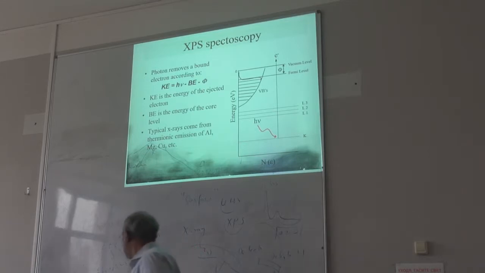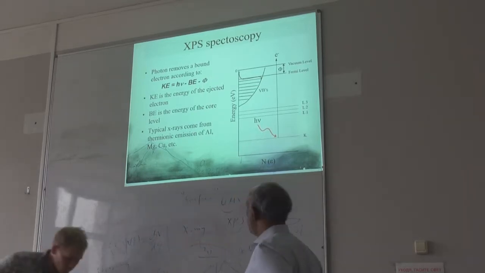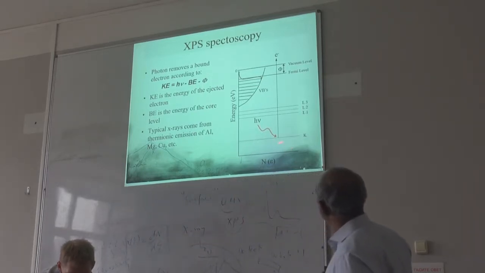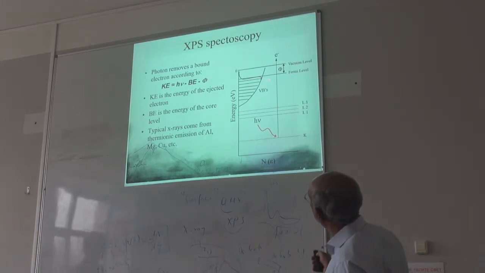This is called the Fermi energy. Then you have unoccupied states here, right? If you want, you can promote electrons here, but this is the highest filled state, Fermi energy. That's what is drawn here. You can see this is the core electrons, this is the valence band up to Fermi energy here.